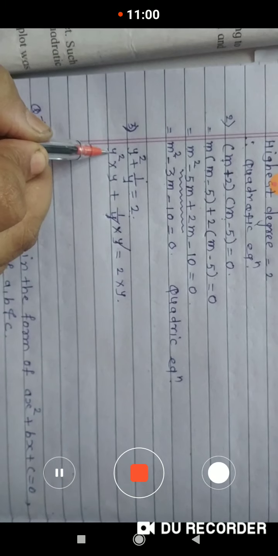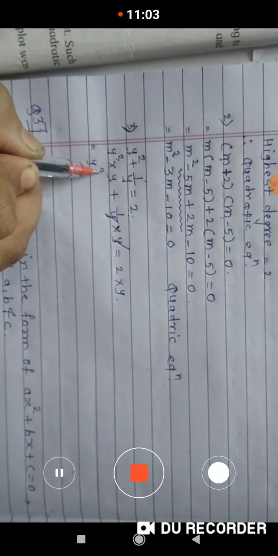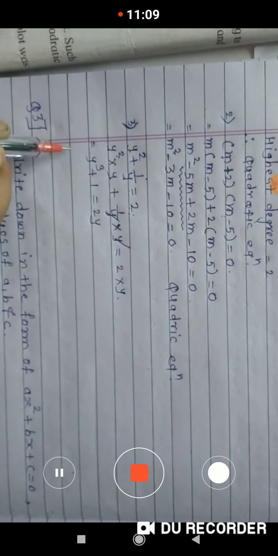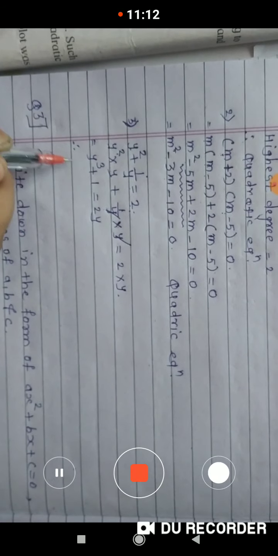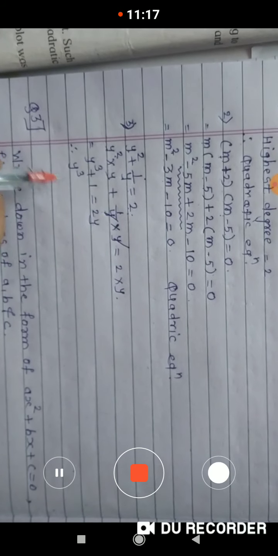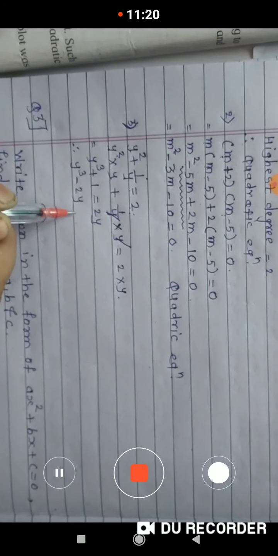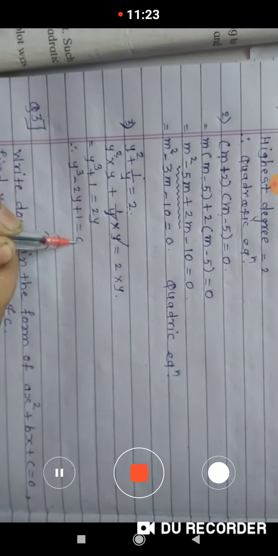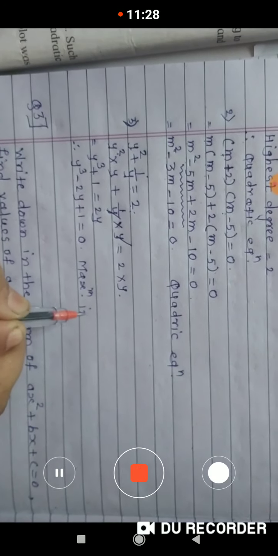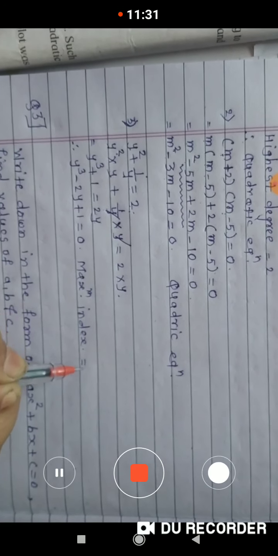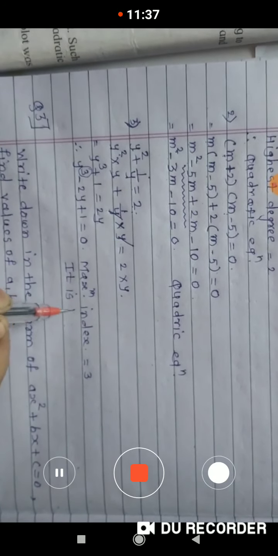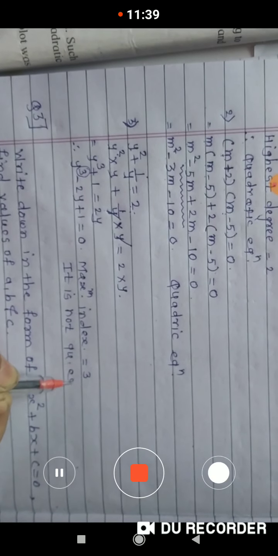Okay, here y square into y is equal to y cube, plus here 1 remains, is equal to twice y. Therefore we can write here y cube plus 1, and 2y, when it goes towards the left side, becomes minus 2y, is equal to 0. Okay, but see, the maximum index power of the variable is equal to what? 3. Therefore it is not a quadratic equation.